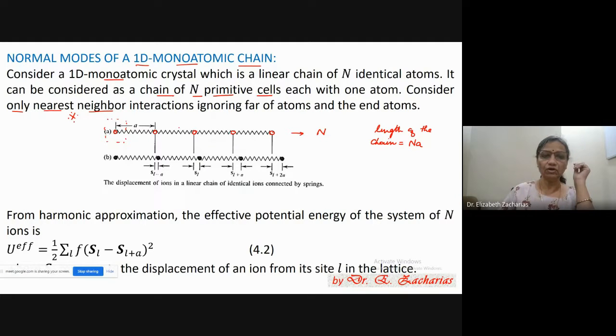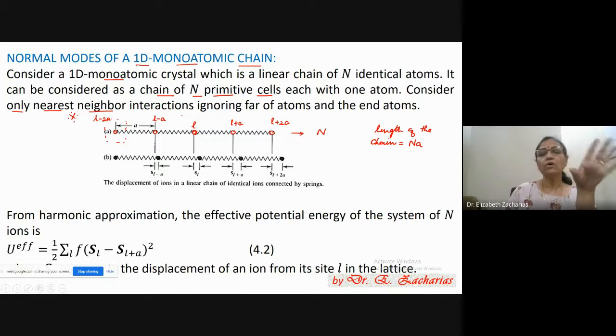Let us call this lattice position L. The atom or ion sitting at lattice position L will be affected by the one sitting at L minus A and the one sitting at L plus A. These two are the immediate neighbors for the atom at L. The atoms at L minus 2A and L plus 2A have very little influence on L. This is what is called the nearest neighbor interaction.